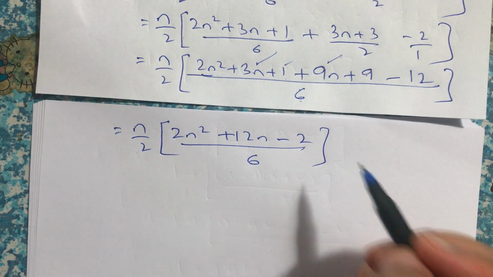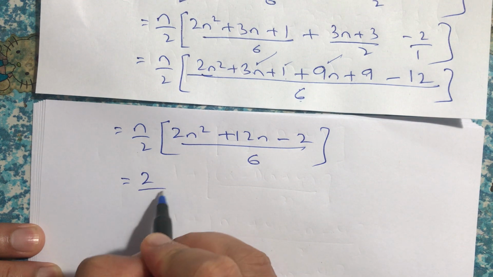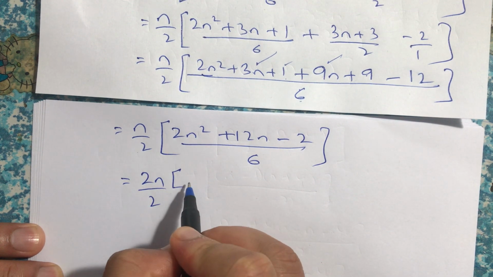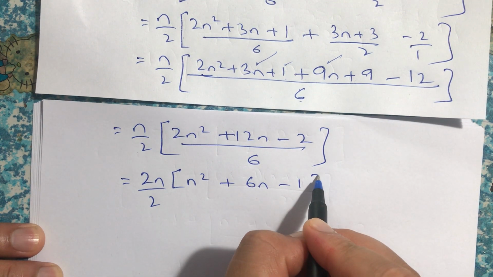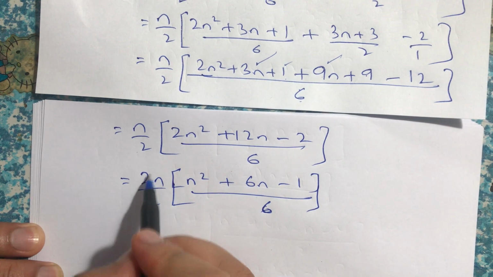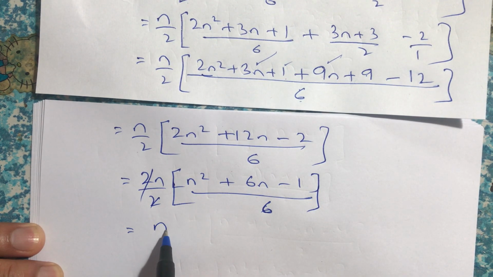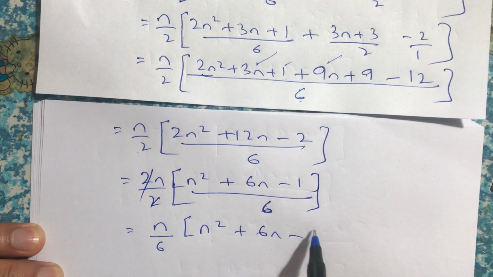Is that okay? Then I can take 2 common, and I have n. If I take 2 common, I'll be left with n squared plus 6n minus 1, the whole thing divided by 6, and then the 2 and 2 get cancelled. So ultimately I have n by 6, and then n squared plus 6n minus 1.